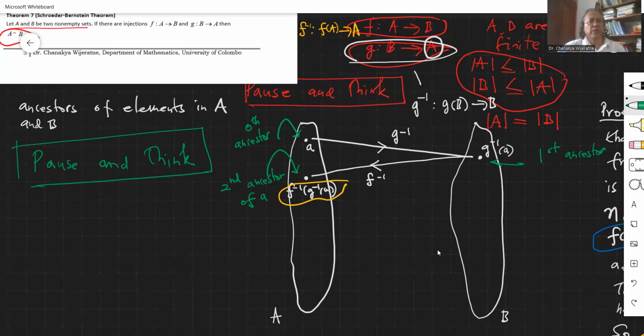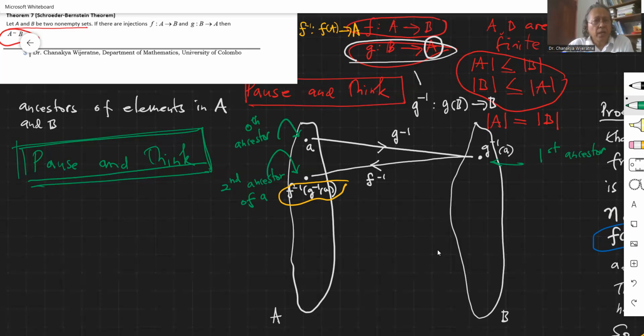I said ancestors of elements in A, so we are talking about the ancestors of an element a in A. We can do the same discussion of an element b in B. So I want you to pause and think of this idea of ancestors of elements in A and B. You need to play around with this concept before we proceed to the proof of the theorem.